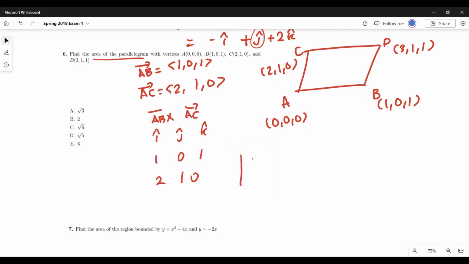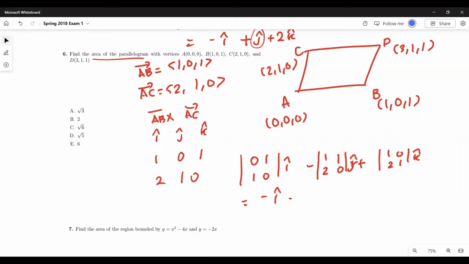This becomes (0, 1; 1, 0) I minus (1, 1; 2, 0) J, sorry, plus (1, 0; 2, 1) K. So this becomes negative I minus (0 minus 2) J plus 1 K. So this becomes negative I plus 2J plus K.